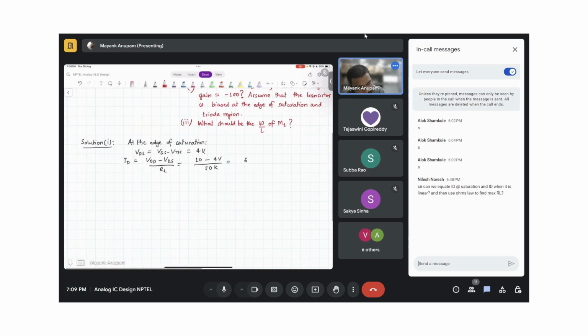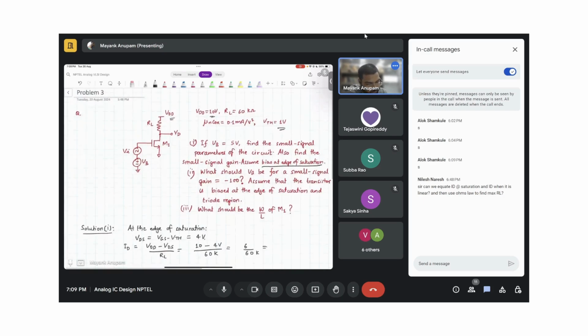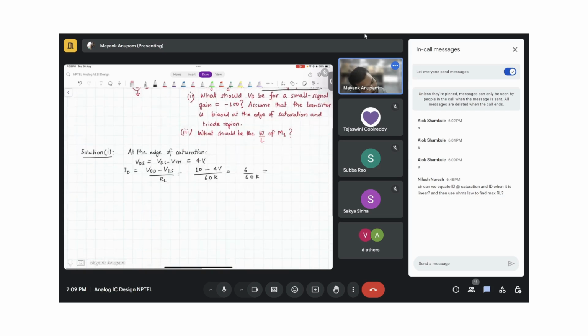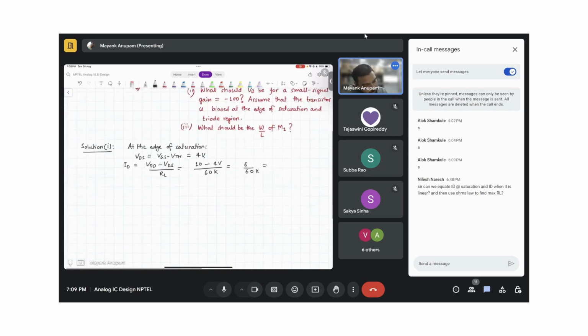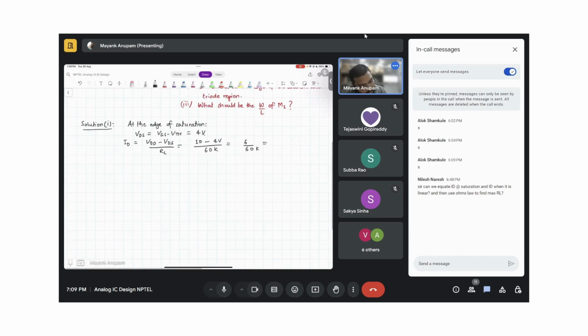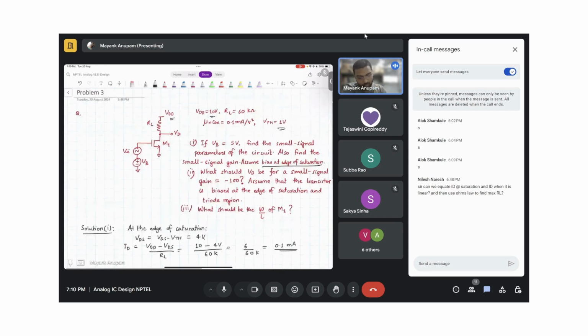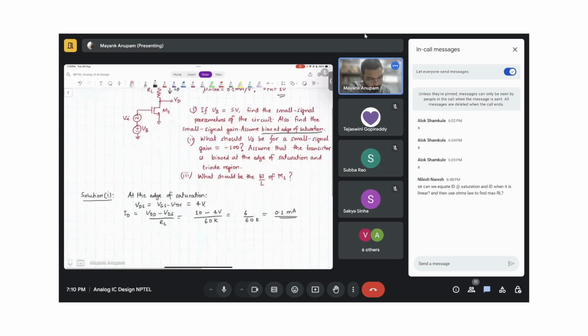So it is 6 upon 60 kilo ohms. So this will be 0.1 milliamperes, right? ID we know. That is something which we know now.